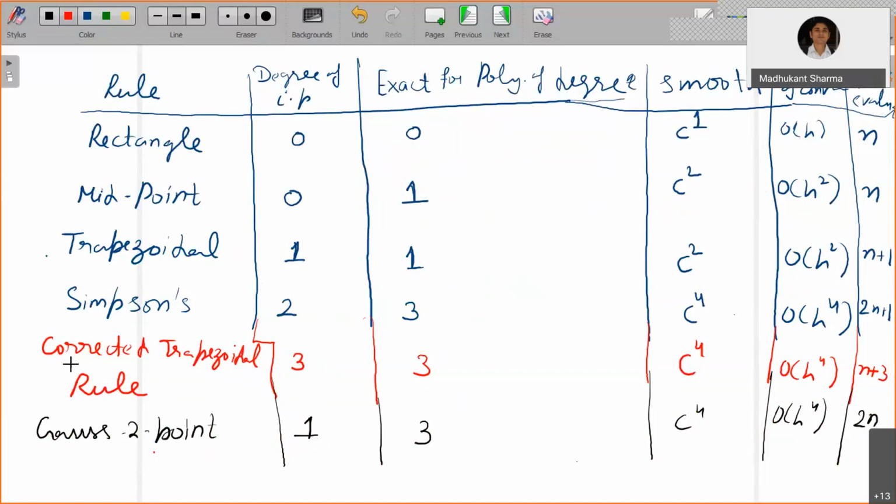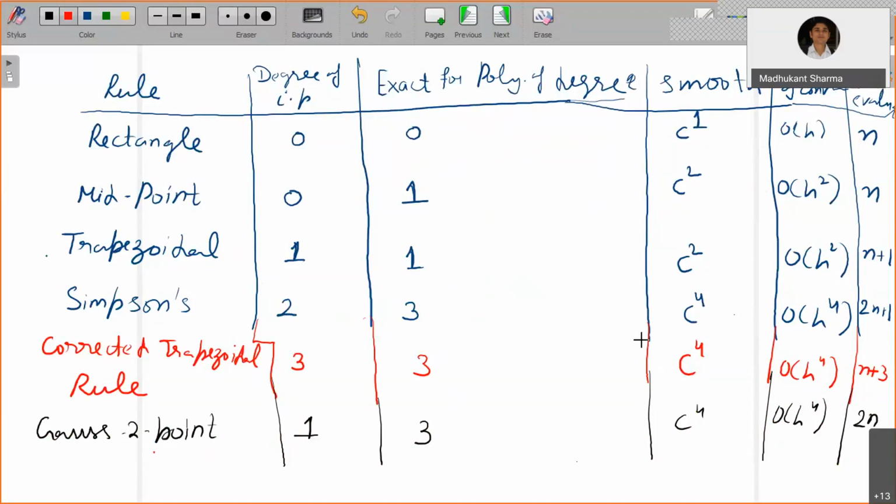So here the number of function evaluations is n plus 3, here it is 2n, and here it is 2n plus 1, for Simpson's and Gauss 2-point. As n gets large, 2n and 2n plus 1 do not differ much, so they are on the same path.